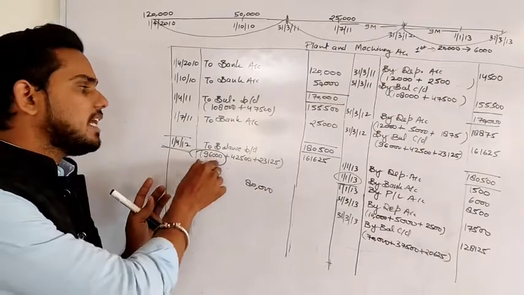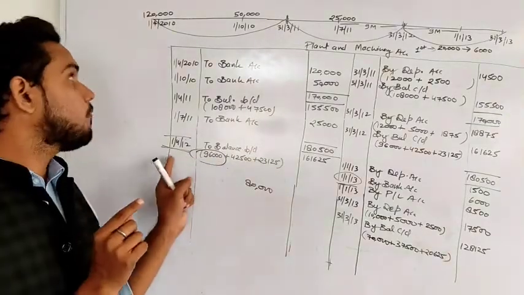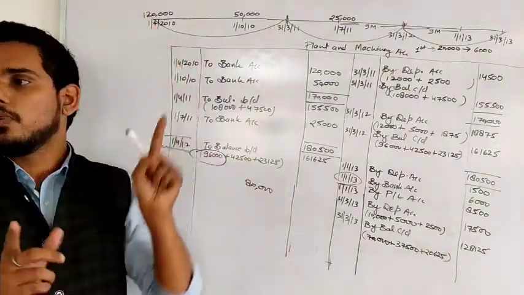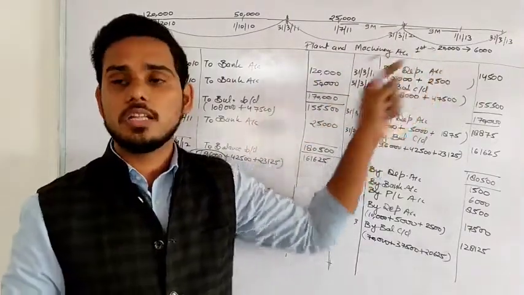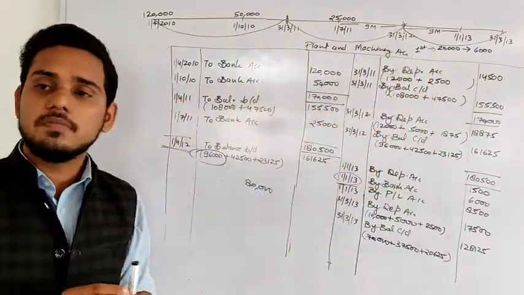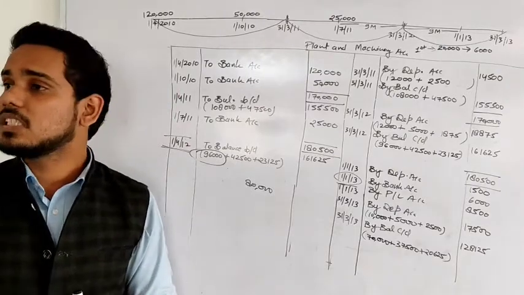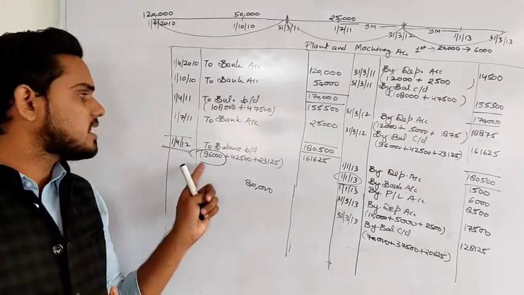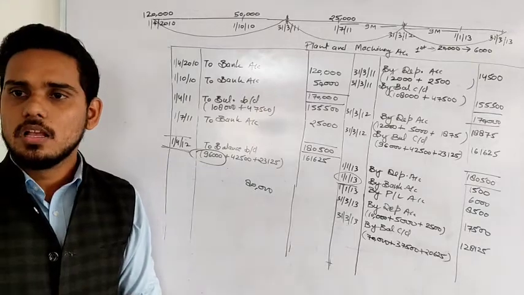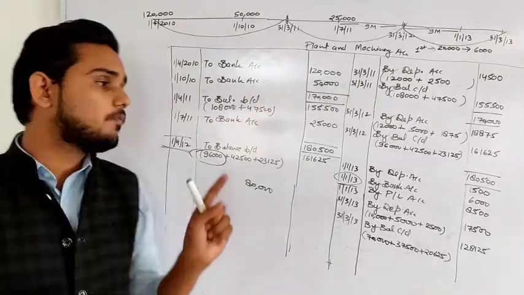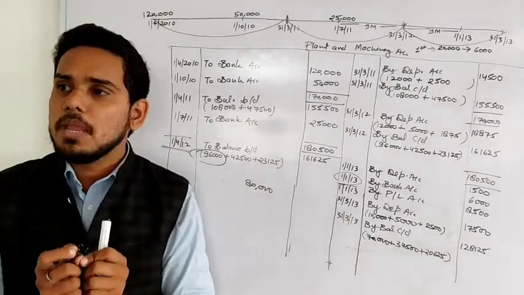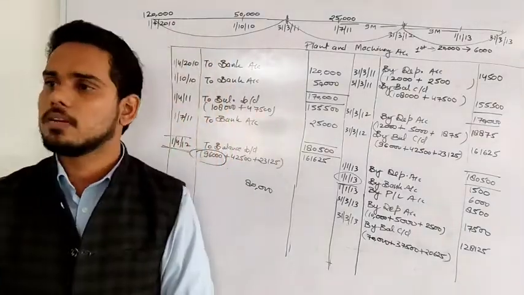We have seen that 96,000 is the value on 1st April of the machinery of 120, and we sold a part of original cost of 20,000, which was having a current value of 16,000. So we deducted that 16 from this 96, and we got the 80,000 rupees of value on 1st April of the remaining machinery of rupees 1 lakh.